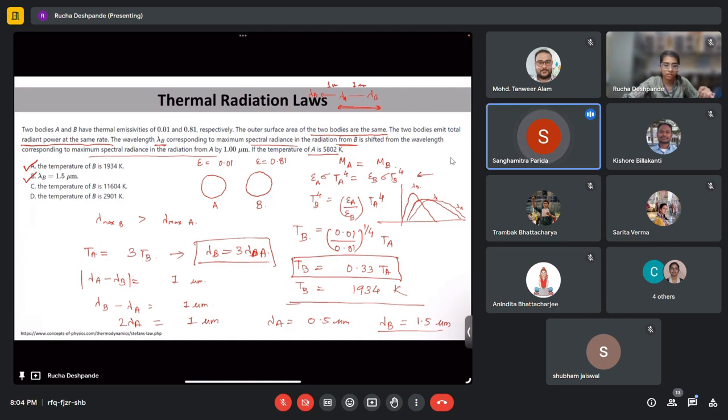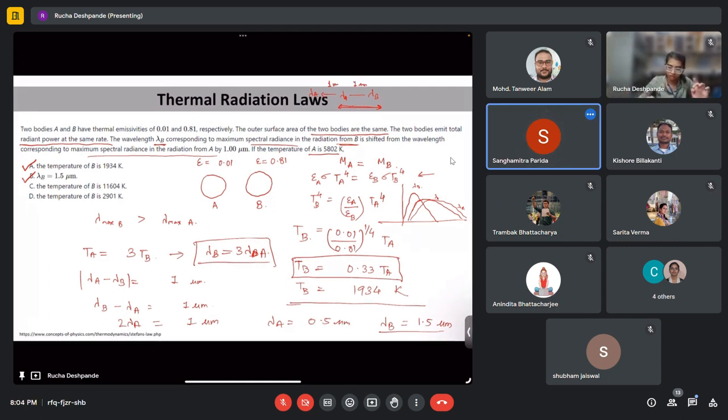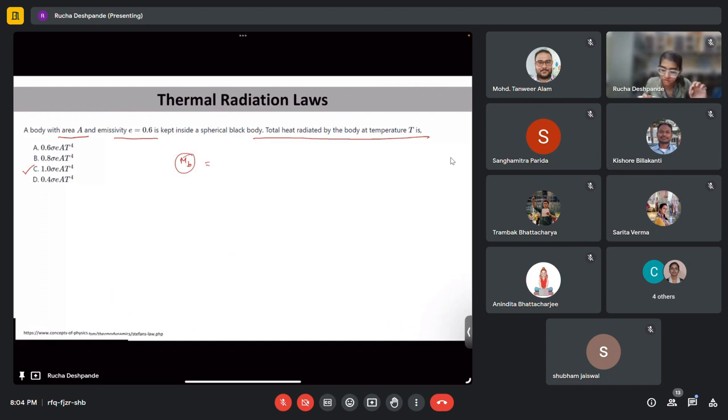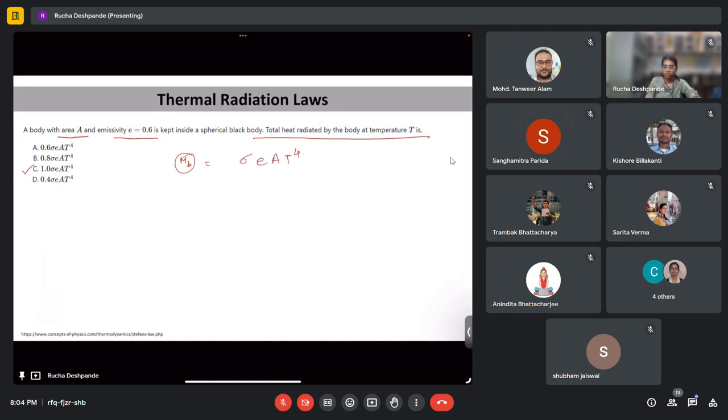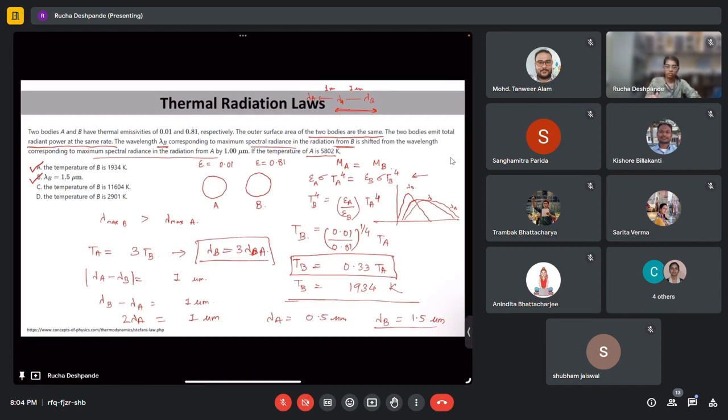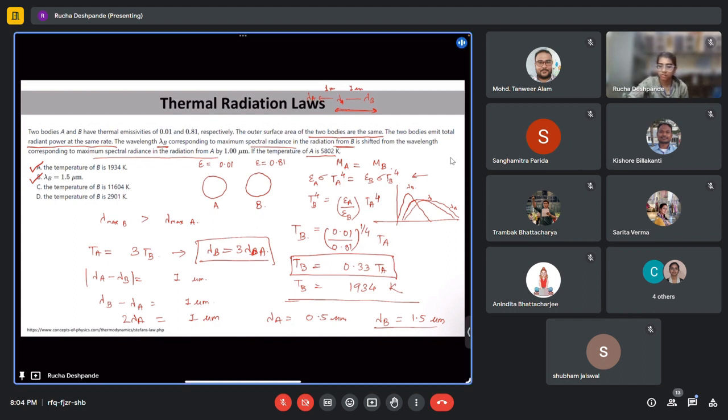Regarding the previous question, this will be equal to sigma epsilon T to the power 4. Okay, thank you everyone for joining.